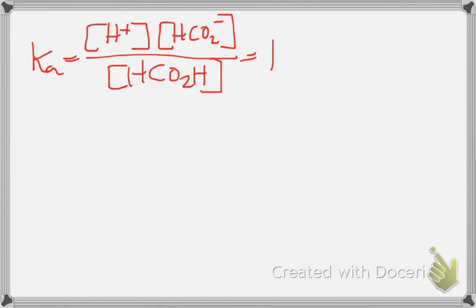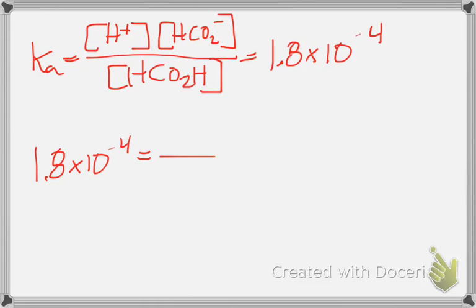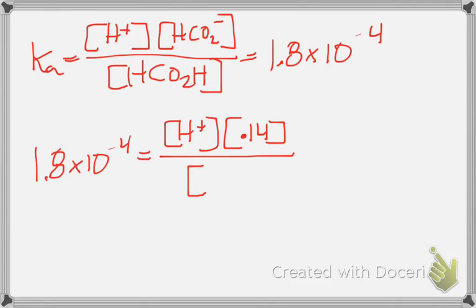And the value for that is 1.8 times 10 to the negative 4. So let's plug in our numbers. 1.8 times 10 to the negative 4 is equal to our as yet unknown concentration of H+ times the concentration of HCO2-, which we said was 0.14, divided by the concentration of undissociated formic acid, which we said was 0.64.